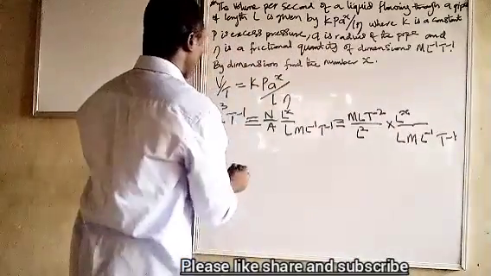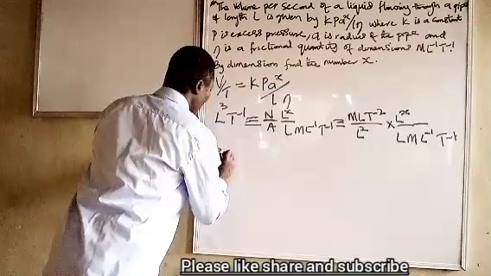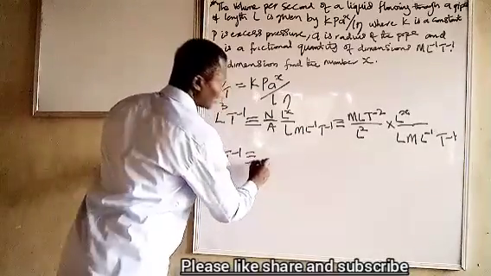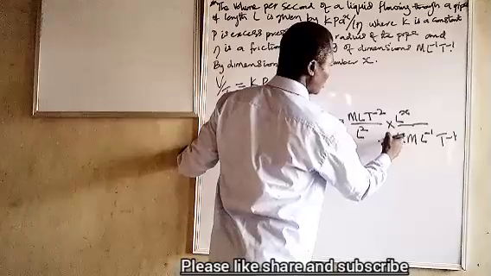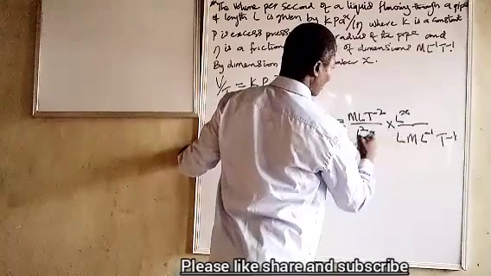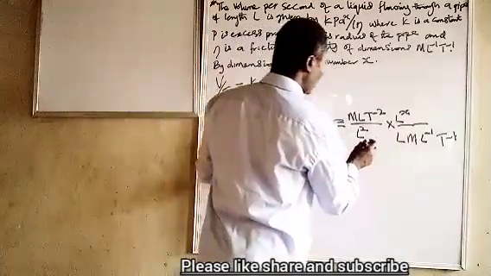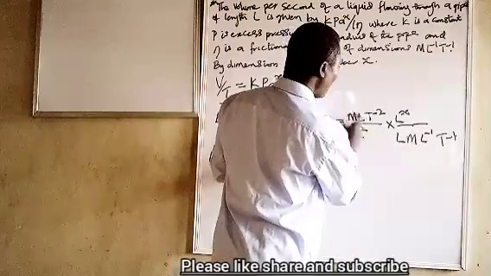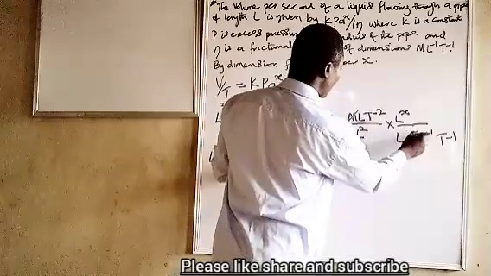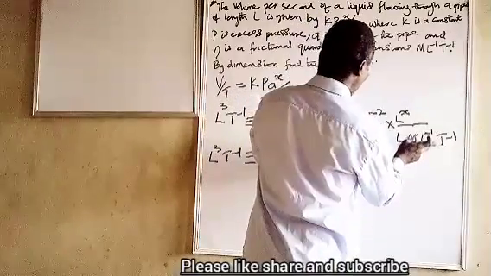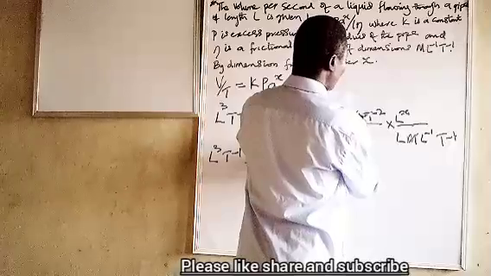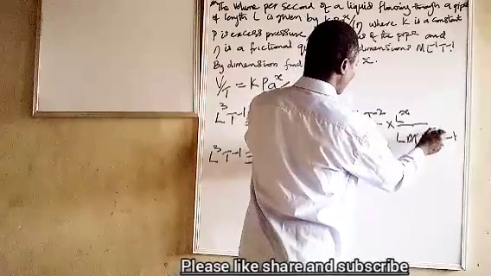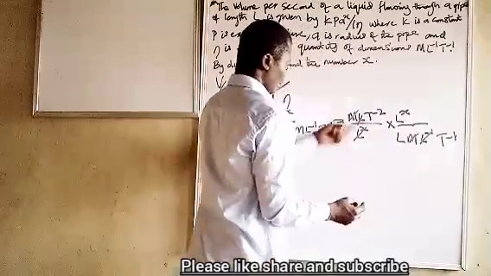So we can now conclude that L cubed T minus 1 is the same thing as this one. This one cancels this. So we can start by saying M, we cancel this. L here, this one, and this one will cancel because of the power.